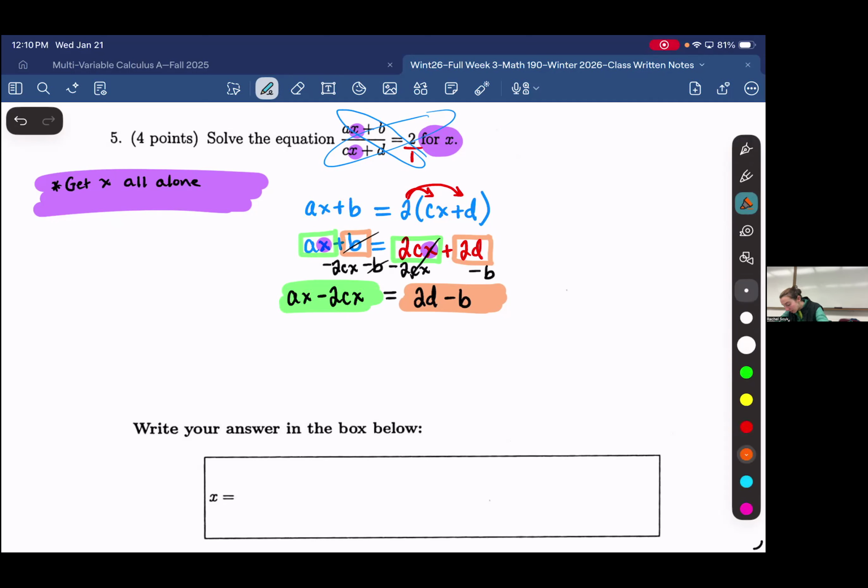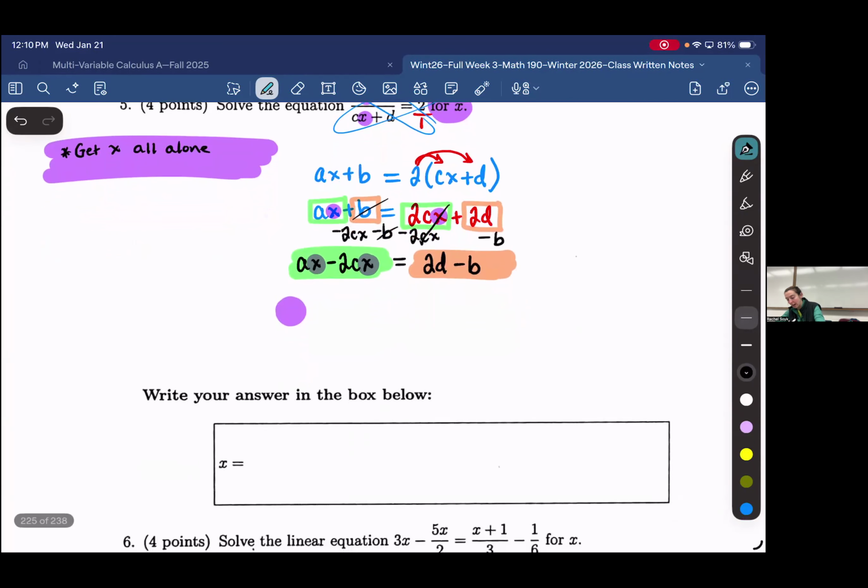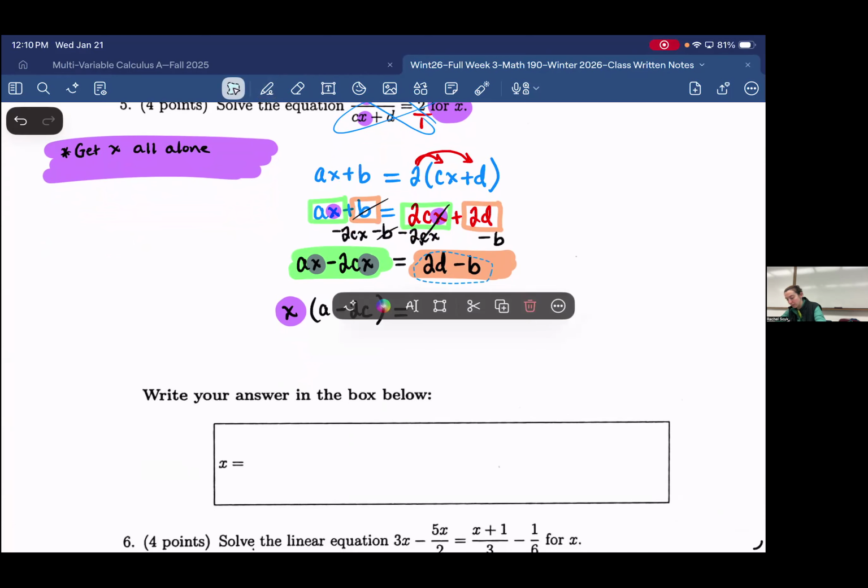And now that the x terms are all on the same side, what can we do? We can factor out the x. So when we factor out the x, we're left inside the parentheses a minus 2c. And then that right-hand side can just stay as is.